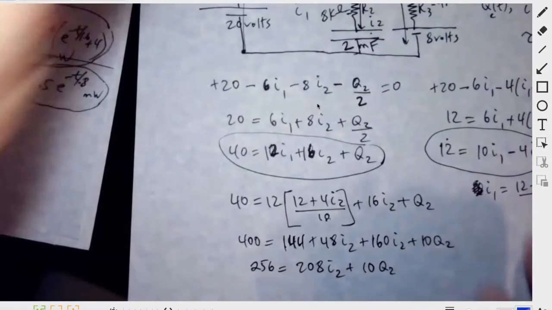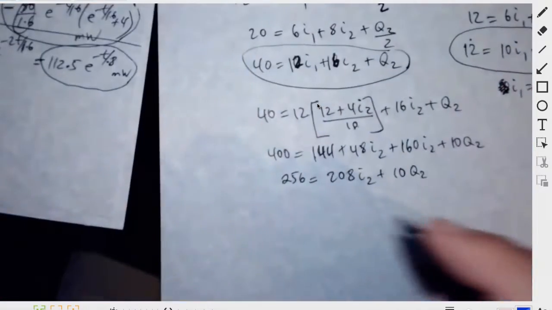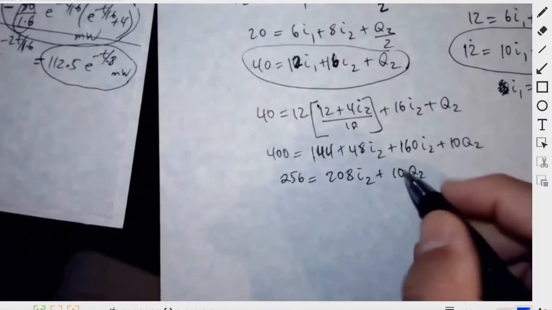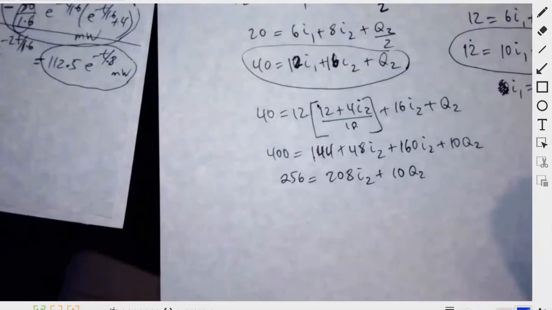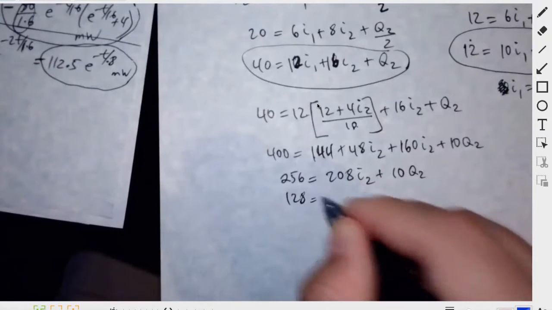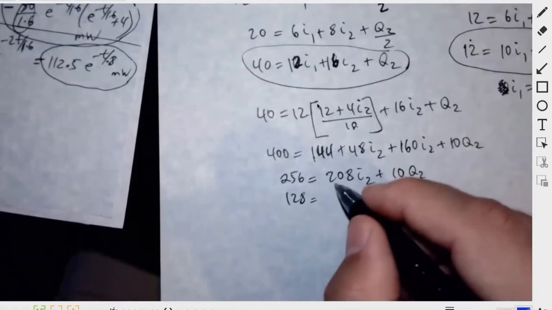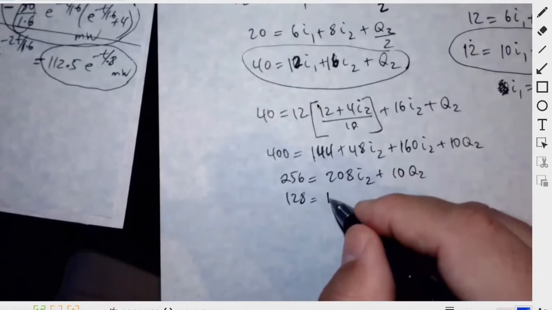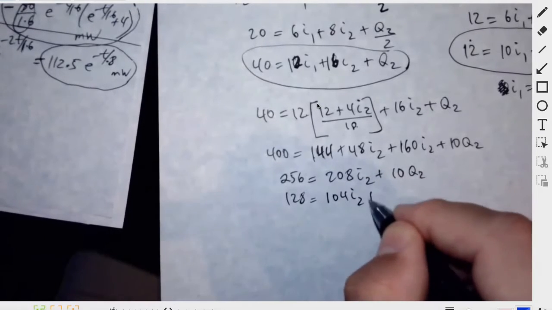Okay, so we've got our differential equation right here. If I divide everything by 2, 256 divided by 2 is going to be 128. This one divided by 2, 104.